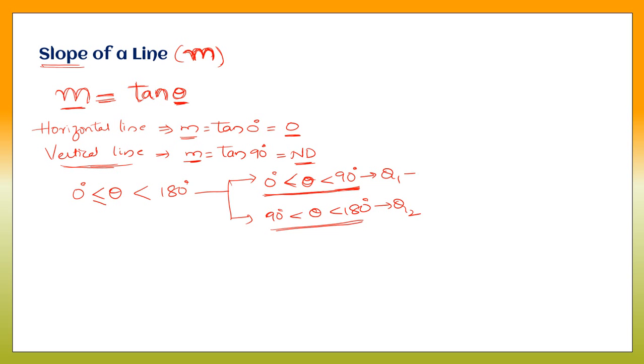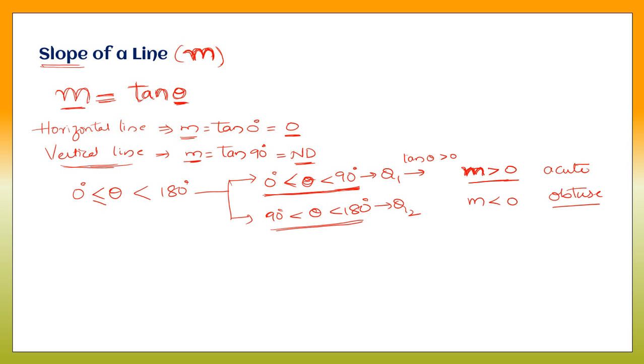Since in quadrant number 1 tan is positive, clearly the slope is positive. So in the first quadrant, for theta from 0 to 90 degrees, the slope will be positive. So for m greater than 0, that means the angle formed is an acute angle, so the inclination is acute, whereas for 90 degrees to 180 degrees, the angle formed is an obtuse angle.